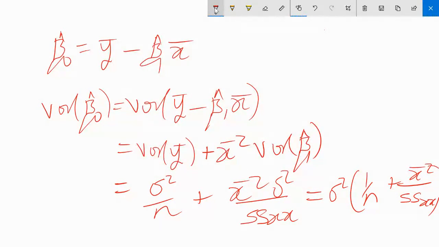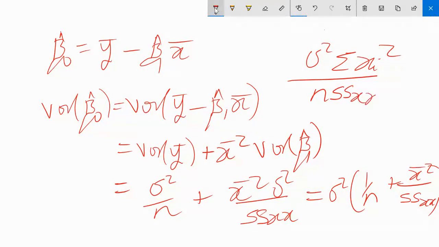So I can simplify to this, and you can simplify it further. I'm not going to simplify it further, but you can do that. And if you do that, you will end up with sigma squared multiplied by the summation of xi squared divided by n SSxx.